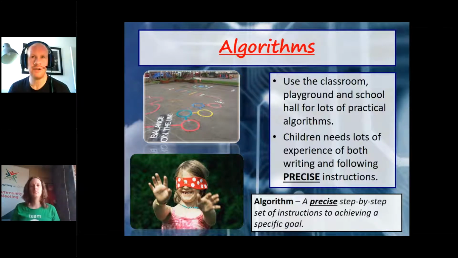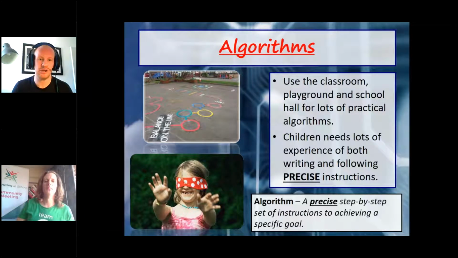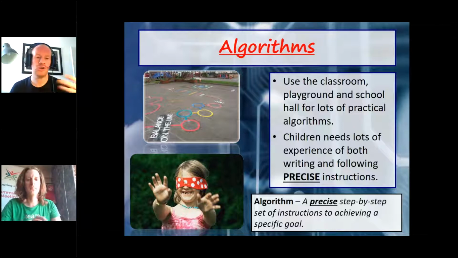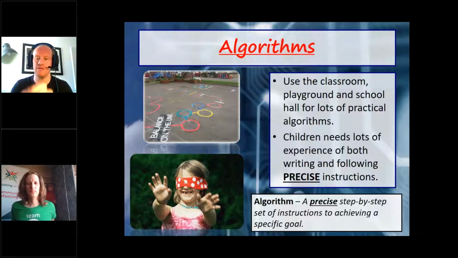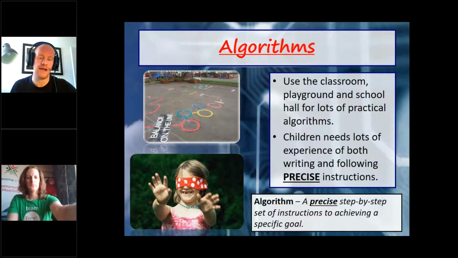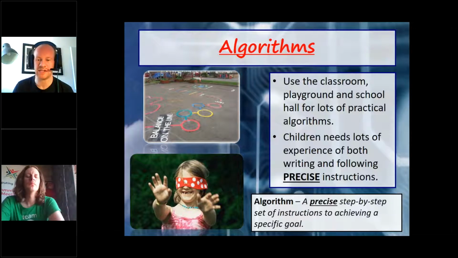And even with the youngest kids, they're not going to be talking about turn 90 degrees clockwise or anti-clockwise, but you can be saying turn to face the door, turn to face the window. You can gradually get more precise in terms of the number of steps. They might start to learn right and left and stuff like that as they progress from EYFS into Key Stage 1.